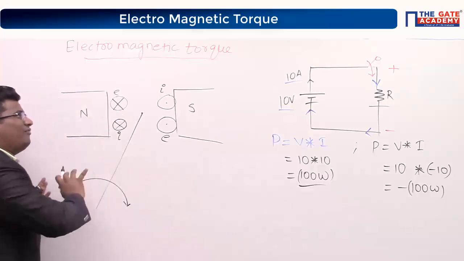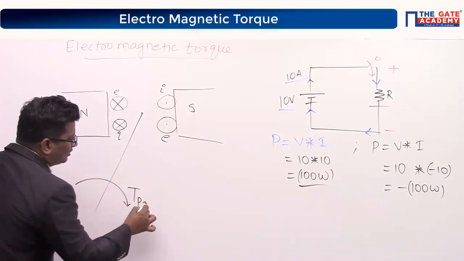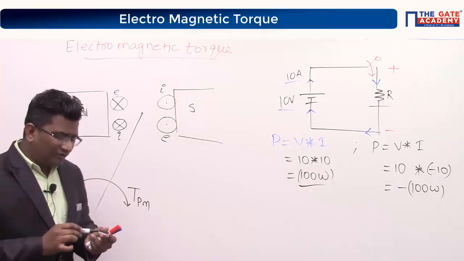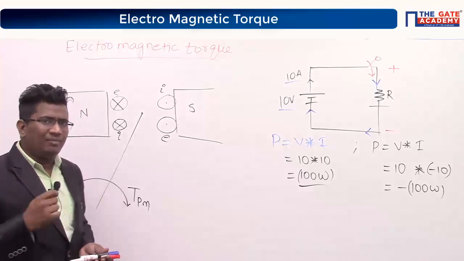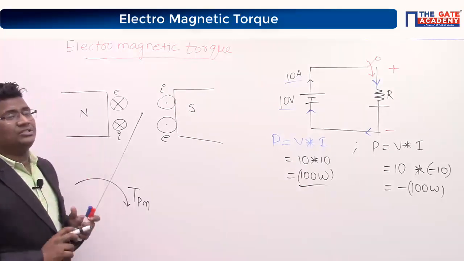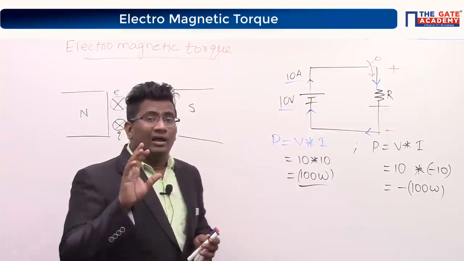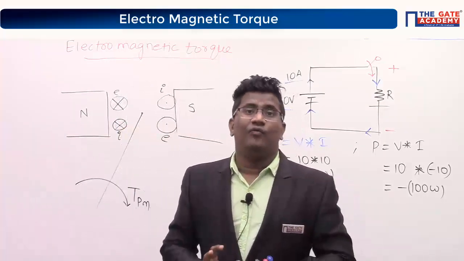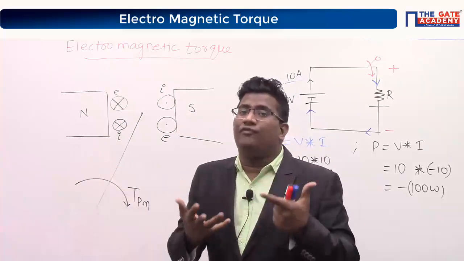The torque which is given to this generator is called which torque? The torque which is fed to the generator is called the prime mover torque. Yes, prime mover torque. Now, let us move on to this conductor. I want to know the direction of the force acting on it.